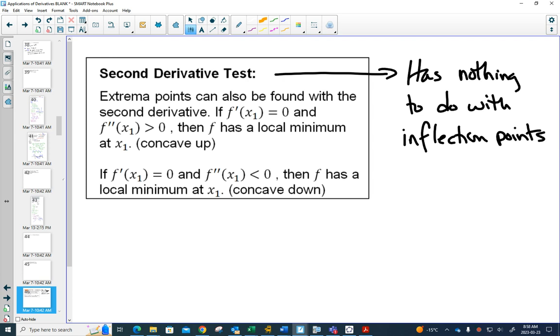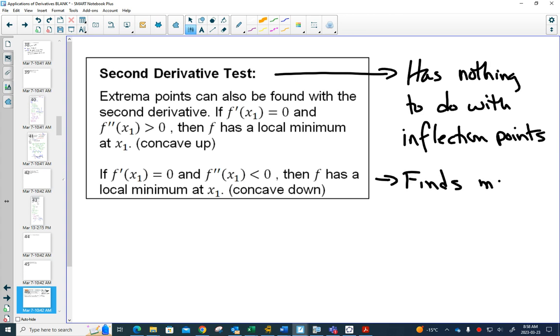The second derivative test has nothing to do with inflection points, which is confusing right now because the only thing we've used the second derivative for is inflection points. We even use it in the language, to test for concavity, which is a bad word to use, because then you think, oh, test for concavity, second derivative test, inflection points, okay? The second derivative test, what does it do?